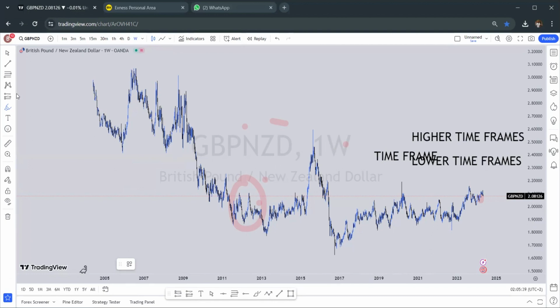We're able to spot that when market got to this level, it happens to be 2005.